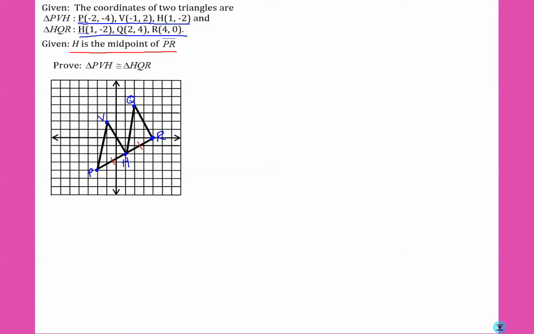Now in this one, we don't know anything about the angles. So we're going to prove that they're congruent using the sides. So what we need to do is determine the length of PV, VH, HQ, and QR.